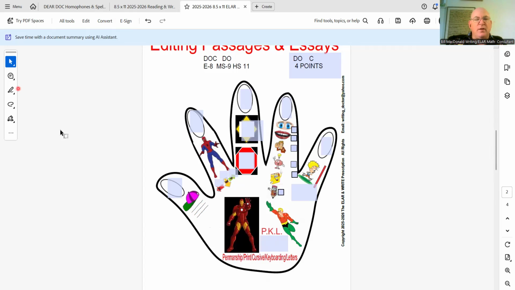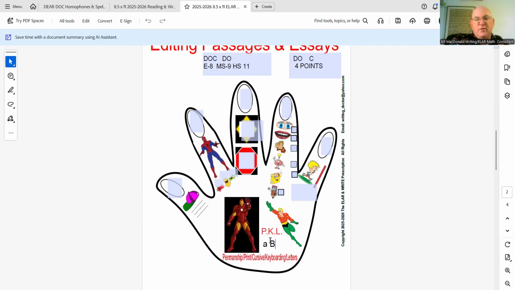Unfortunately, if kids don't understand keyboarding correctly, they won't realize there's a difference between lowercase letters, I'll just put the first letter of the alphabet, and uppercase, capitalization. Why is that a problem? Well, because part of editing is your understanding of proper nouns versus common nouns.